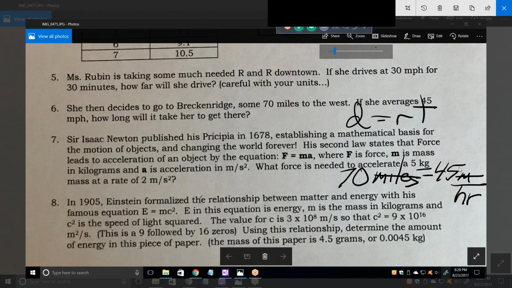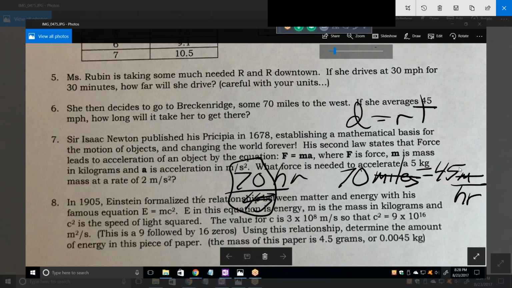Multiply both sides by hours and divide both sides by 45. So I end up with 70 hours over 45. That's how long it will take her if she averages 45 miles an hour.